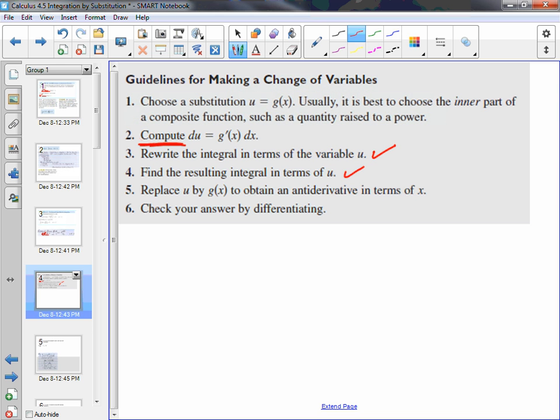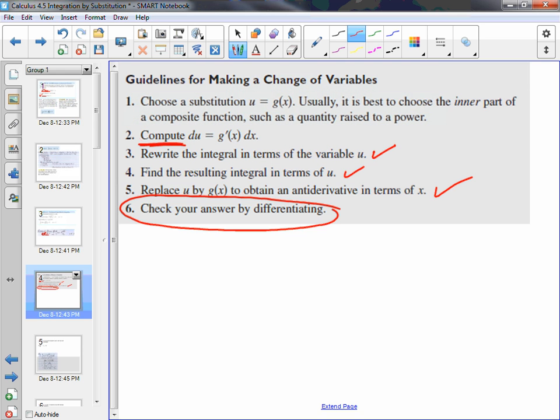So you find the antiderivative of that, but it's going to be all in u's. Replace u with what it equaled in terms of x. Almost nobody does that. Should you do that? Yes, you should. Do as I say.